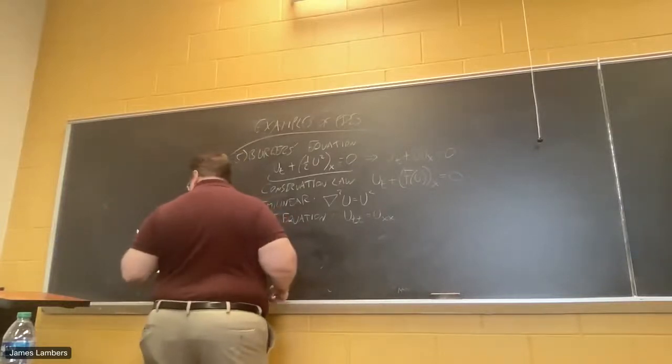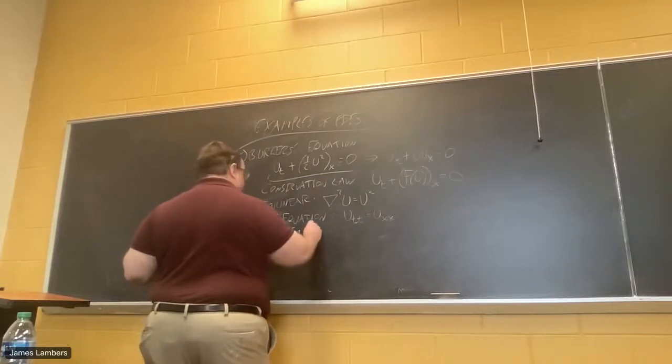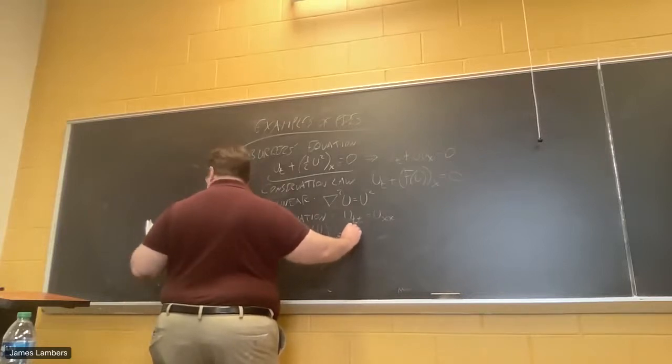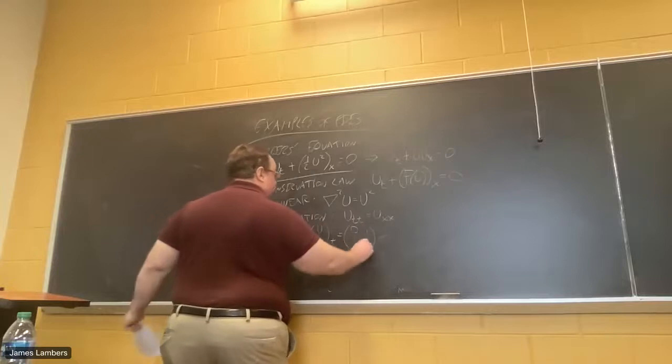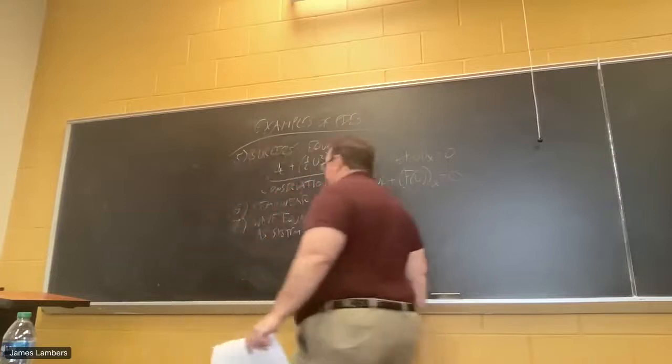And you can express this as a system involving two quantities, u and v. The derivative with respect to t equals a matrix 0, 1, 1, 0 times u, v, again with respect to x.